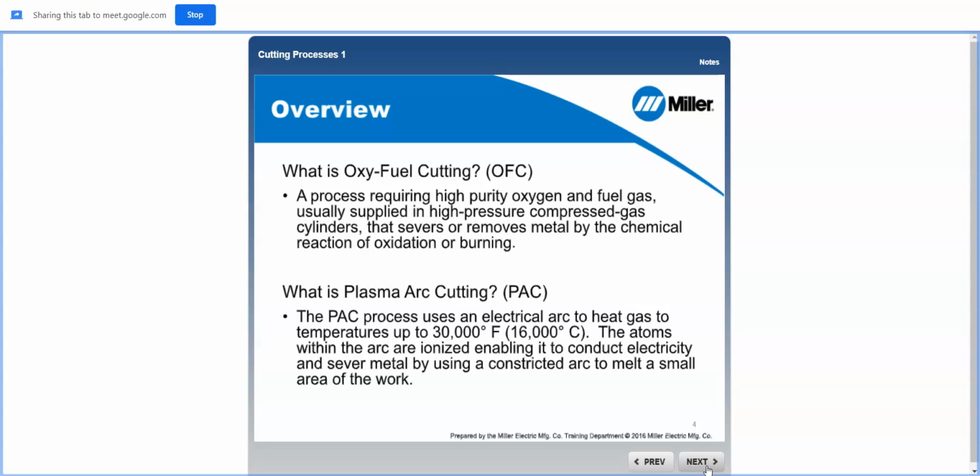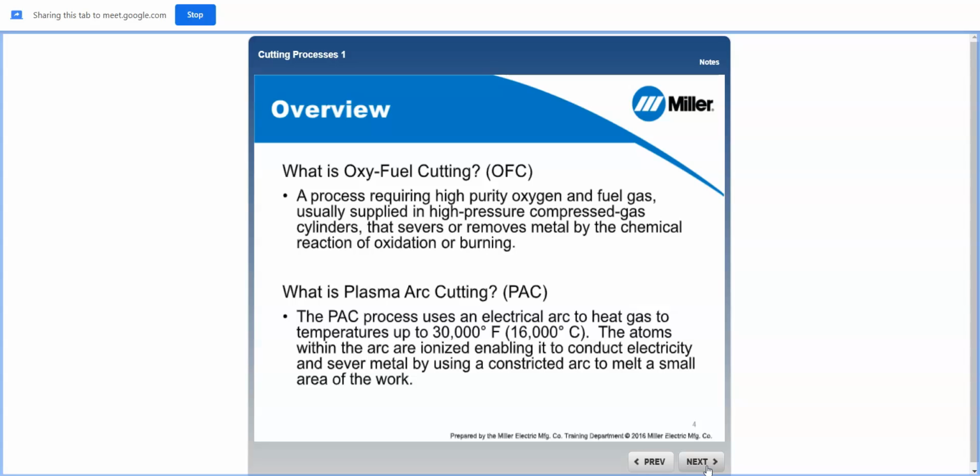What is plasma arc cutting, or PAC? The PAC process uses an electrical arc to heat gas temperatures up to 30,000 degrees Fahrenheit. The atoms within the arc are ionized, enabling it to conduct electrically and sever metal by using a constricted arc to melt a small area of work.